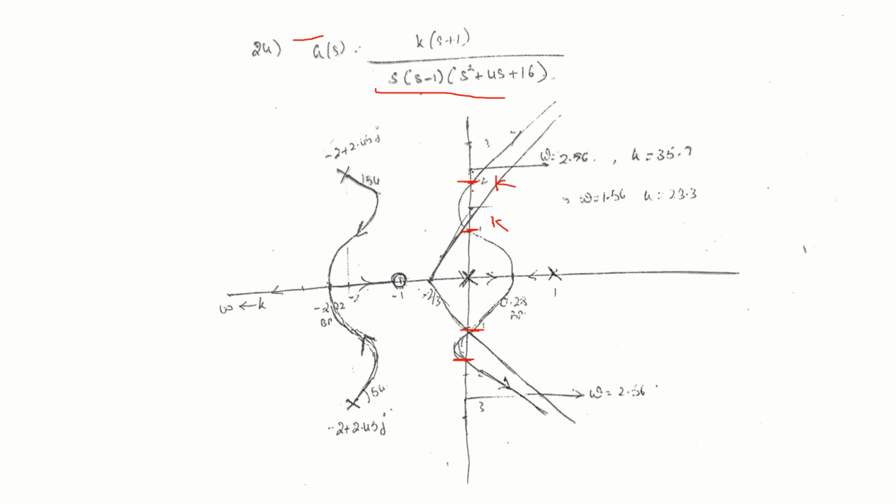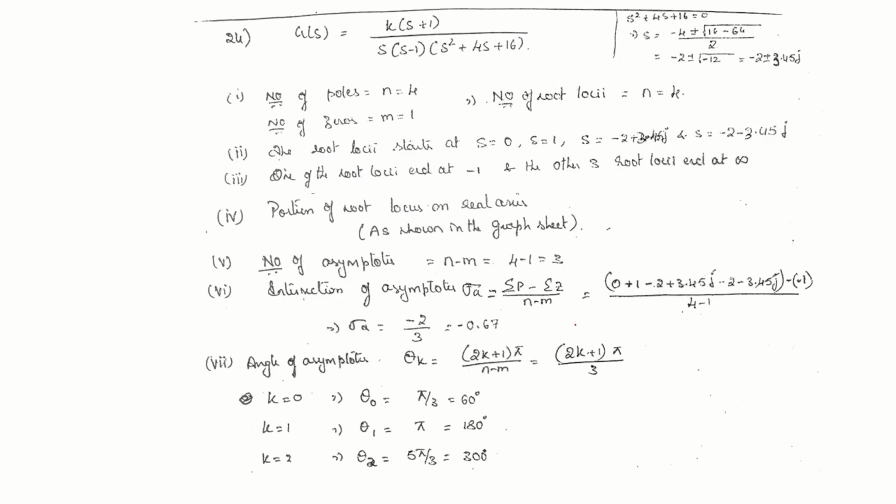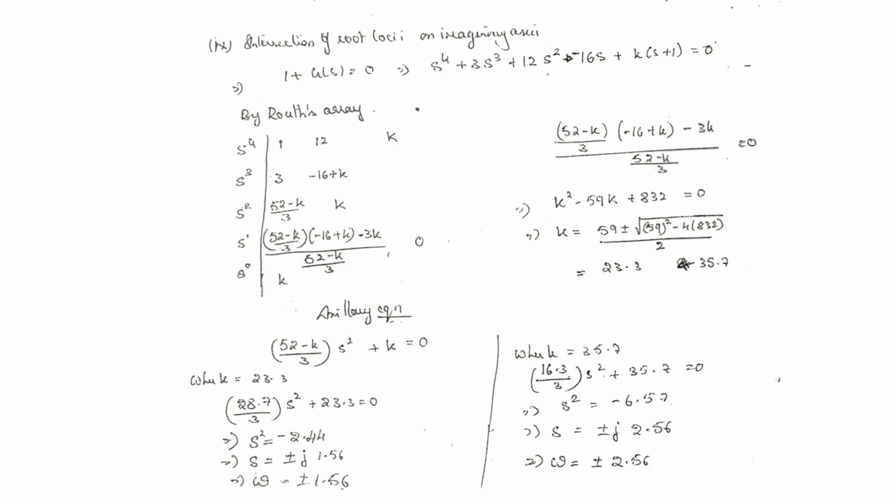Only in this region, roots will be on the left hand side. For these k values, the system will be stable. When you calculate the k value, you can see here we are getting 2 k values. So for one value of k, you are getting omega this, another value of k, you will get this.